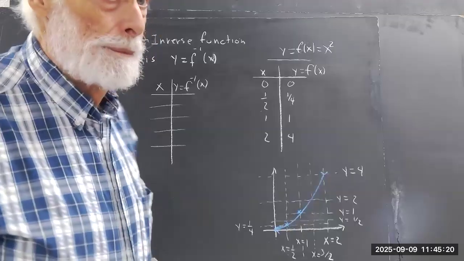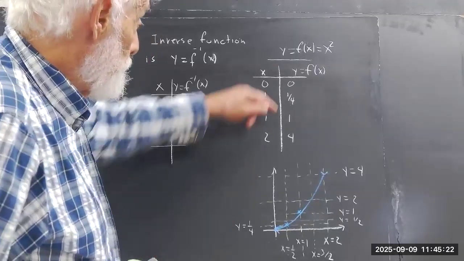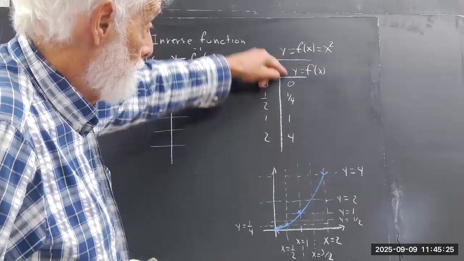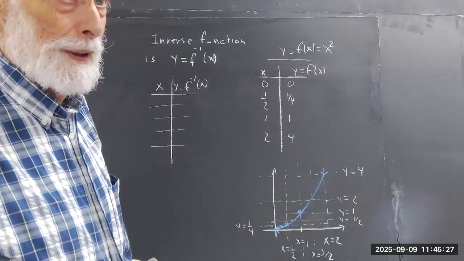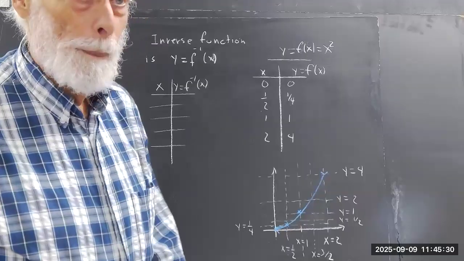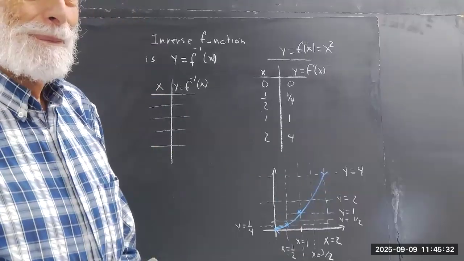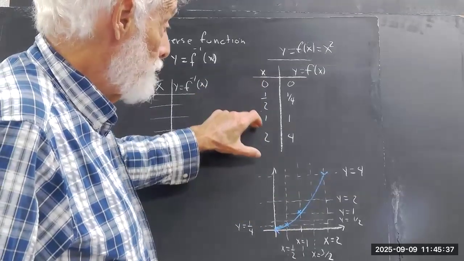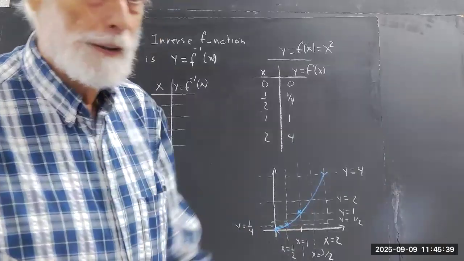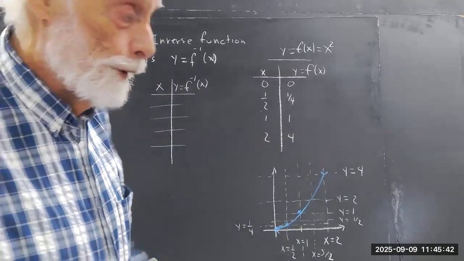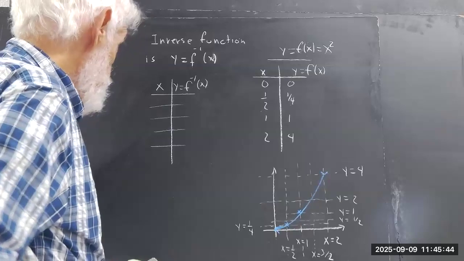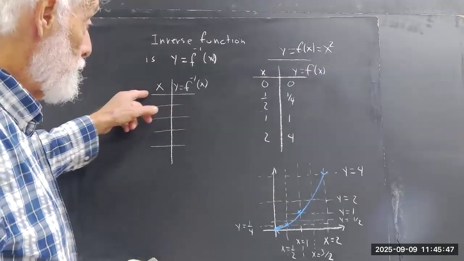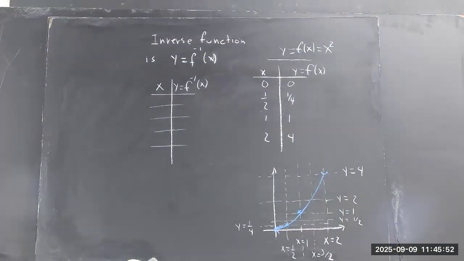And all you do is take the numbers in the second column, the numbers 0, 1/4, 1, and 4, and you put them in the first column. And then what do you think you're going to do with the numbers in the first column, 0, 1/2, 1, 2? You're going to put them in the second column, right? So see if you can do that, and then see if you can make a graph of y versus x for the inverse function. We'll see how far you get, and then we'll talk about it.